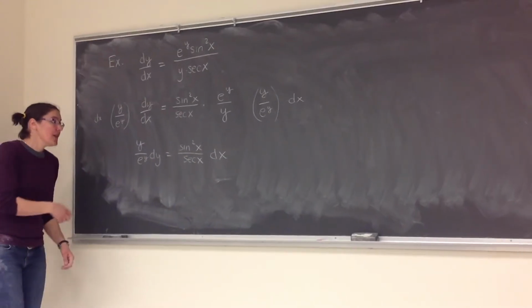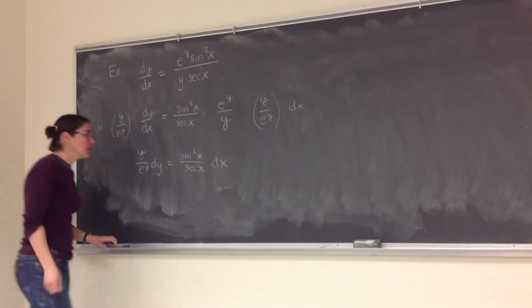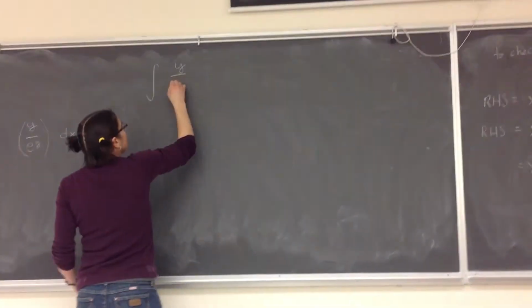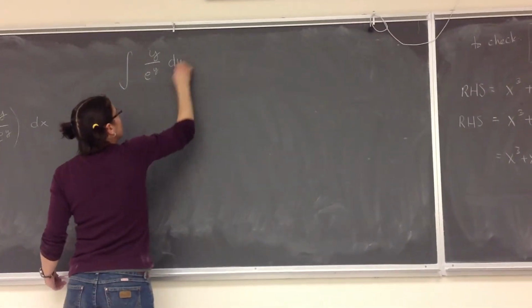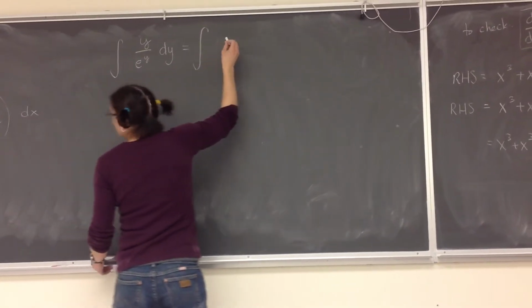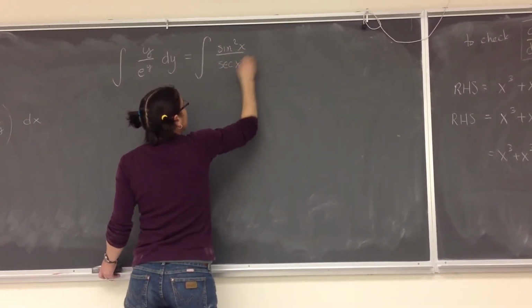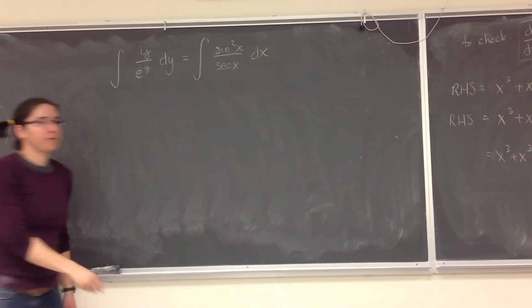Okay, so now that I've done this, I can go ahead and integrate both sides. So I've got the integral of y over e to the y dy is equal to the integral of sine squared x over secant x dx.